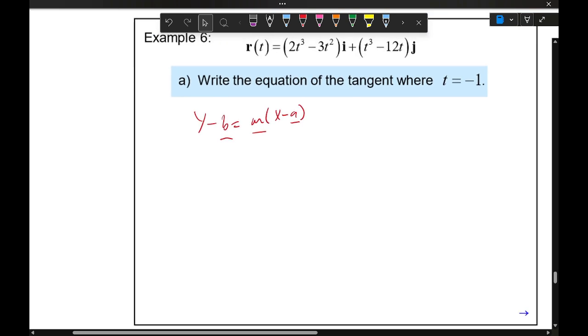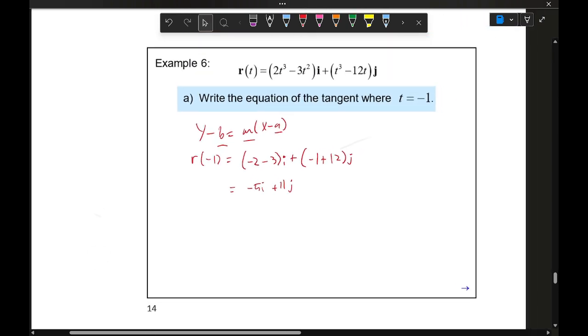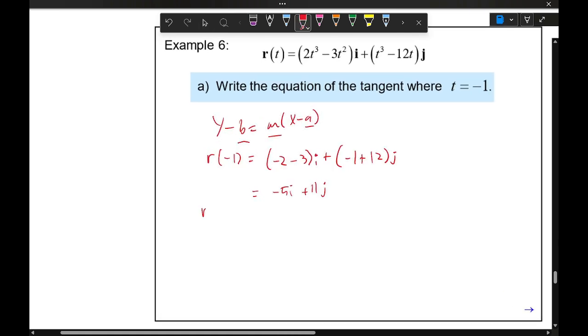So let's start with the point we're going from, which is r of -1, and that's just going to be -2 minus 3i plus -1 plus 12j, or -5i plus 11j.